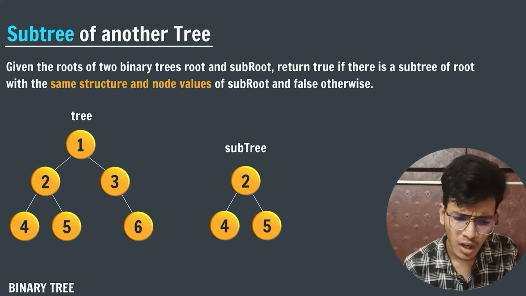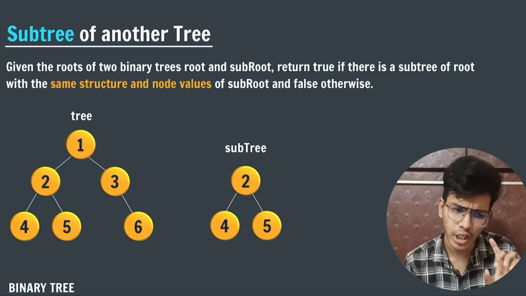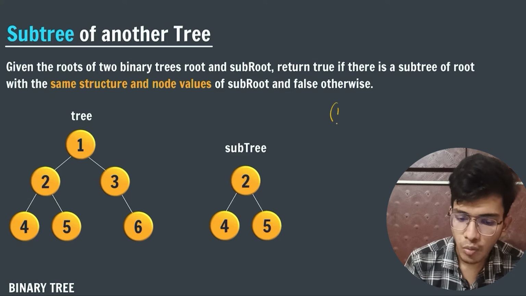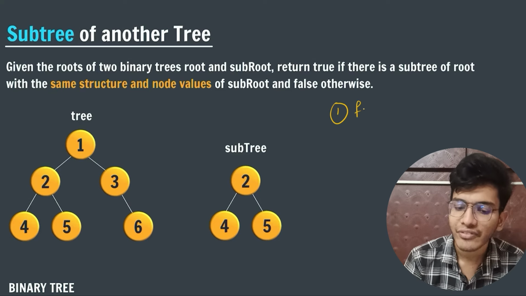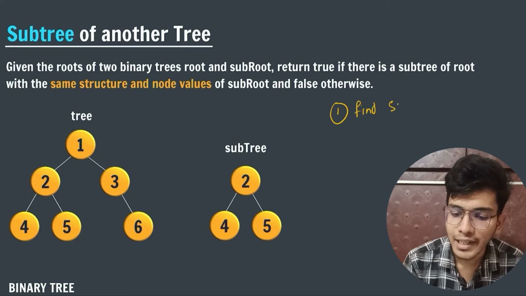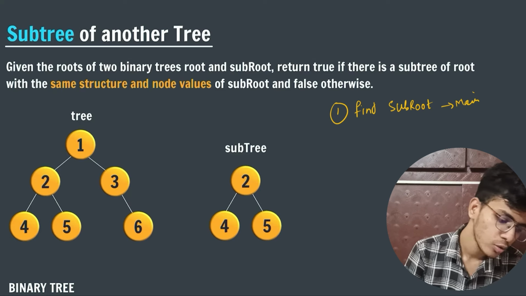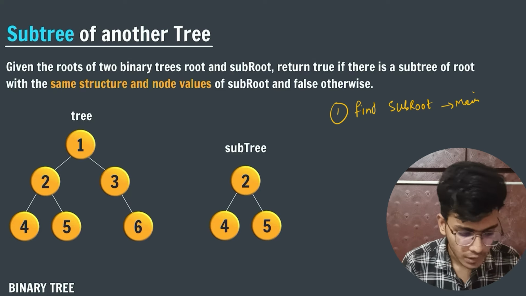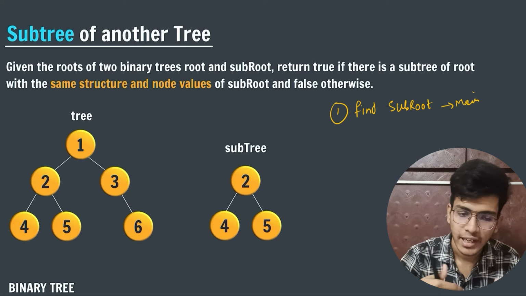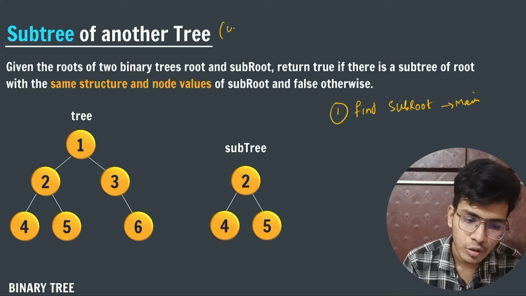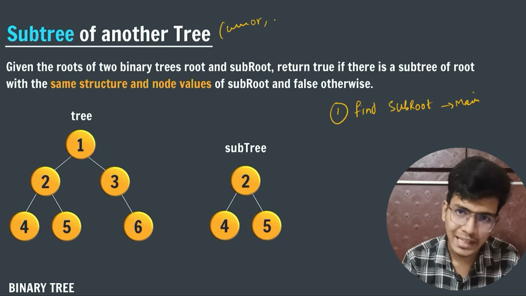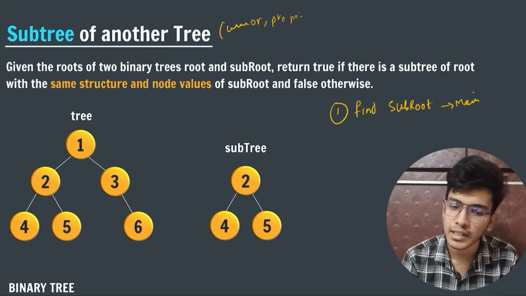Now I'm going to talk about the approach of this question. So first of all, I will try to find my subroot in my main tree. And here I will iterate. I can use any iterative method. I can also use level wise traversal, or I can use any recursive traversal like pre-order or post-order, whatever.